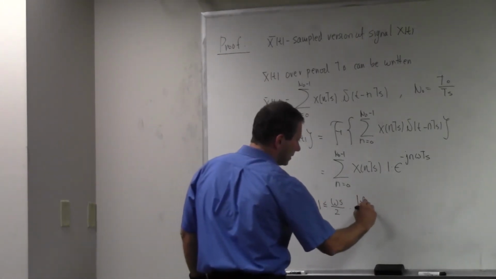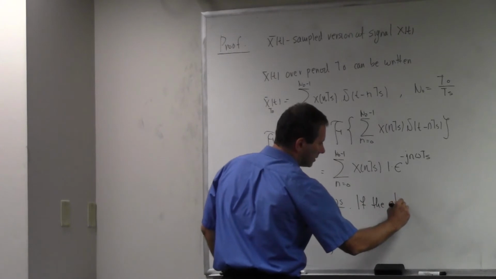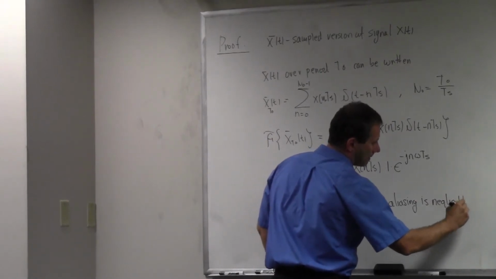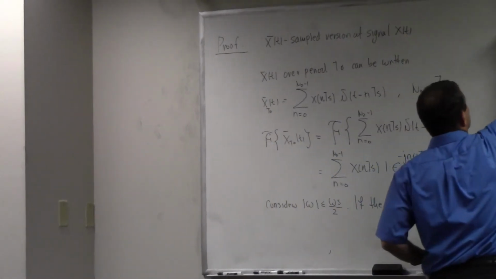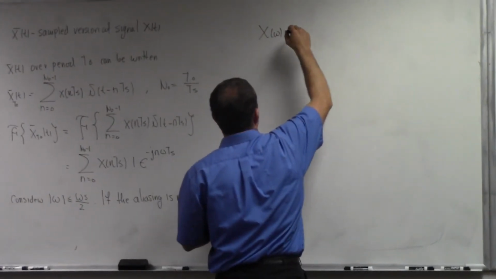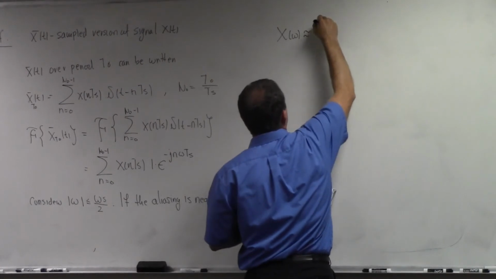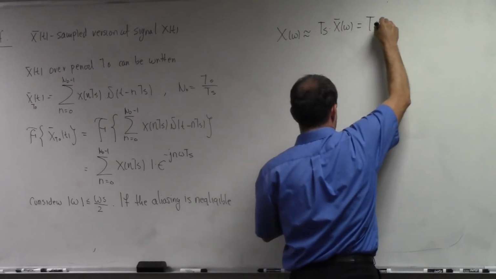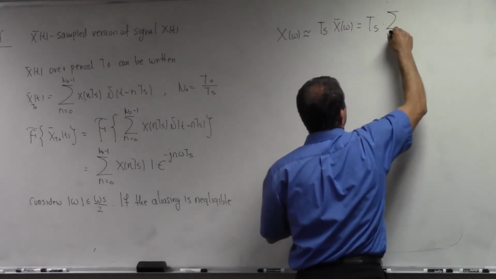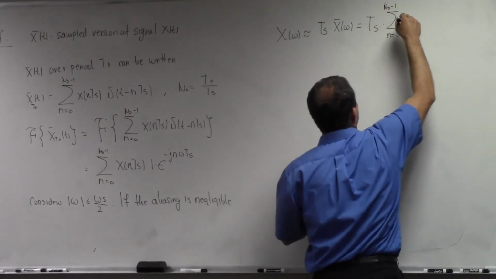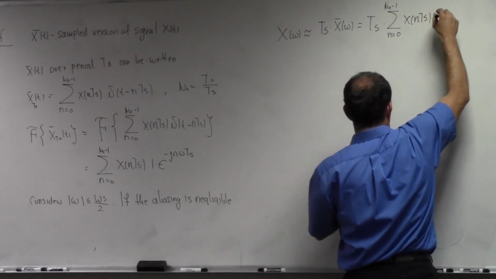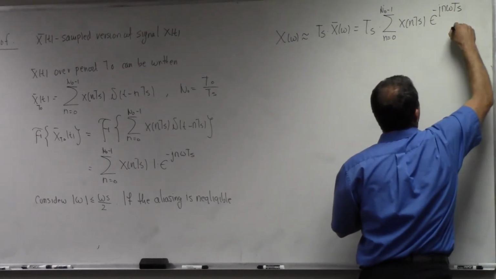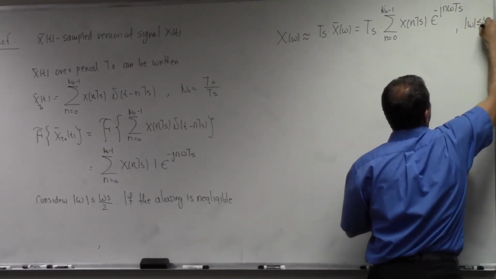If the aliasing is negligible, then x of omega is approximately ts times x hat of omega, which is ts times the sum when n goes from 0 to n0 minus 1 of x of nts e to the minus j n omega ts, for omega smaller than omega s over 2.